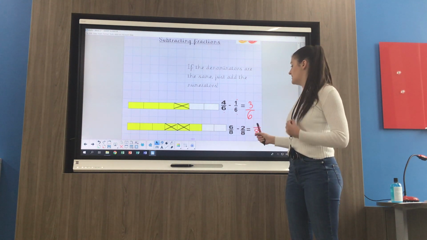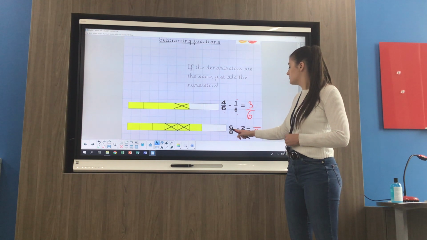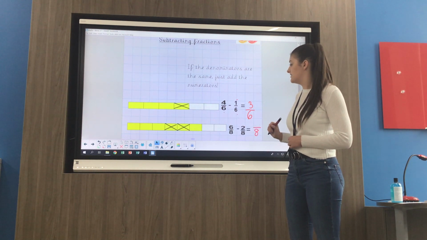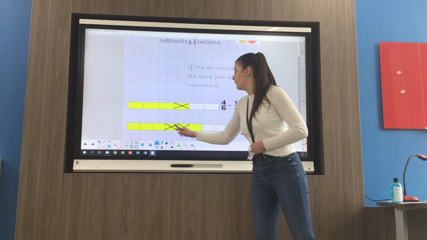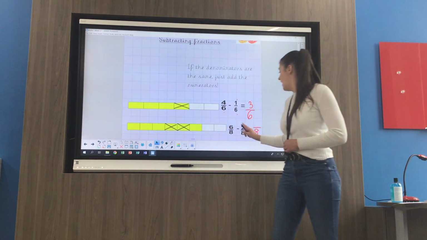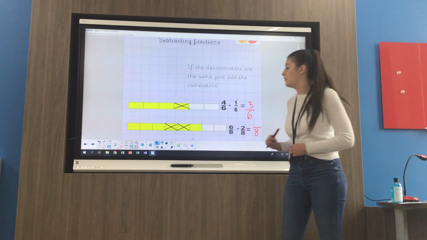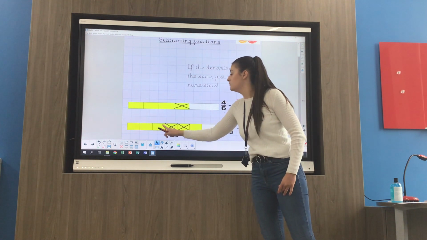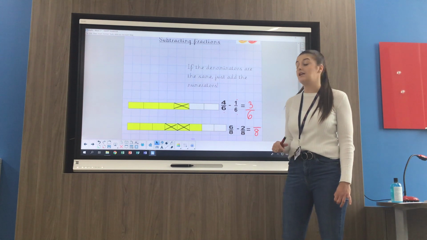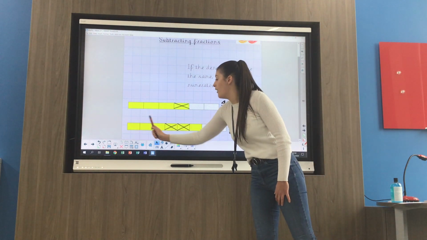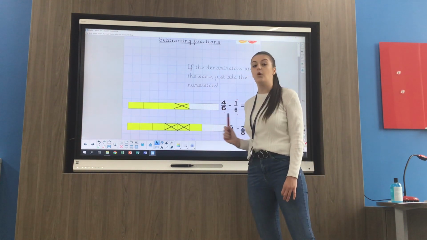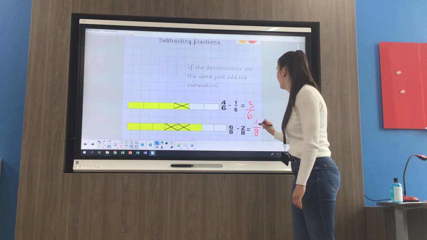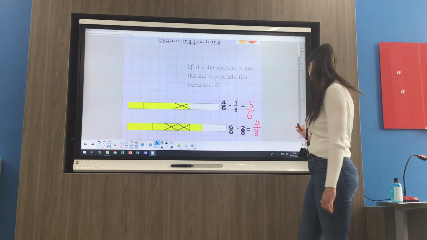So this time I've got 6 shaded in, 1, 2, 3, 4, 5, 6, and I'm taking away 2. So I've crossed out 2. There's 1, 2. So I just need to count the ones that haven't been crossed out. I've got 1, 2, 3, 4 left over. So I've got 4/8. Okay?